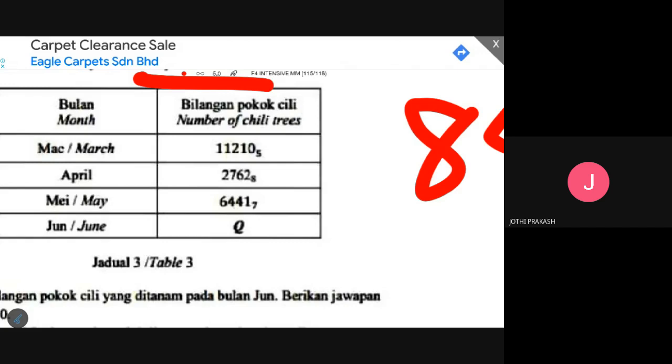Any answer, guys? You all get? Jawapan apa kamu semua dapat untuk Q2?